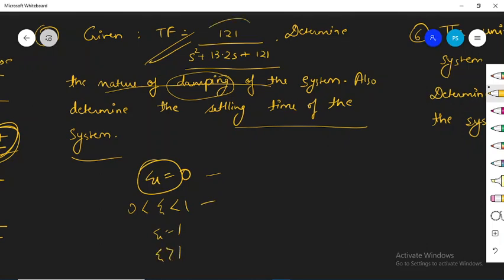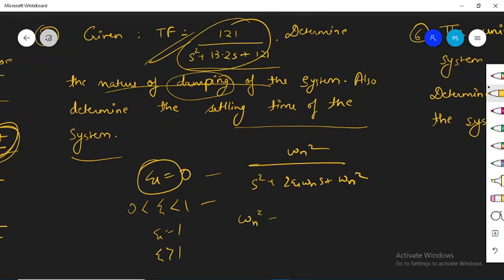So this transfer function is given. You can again just compare it with the standard second order system. So the standard second order system is given like this. You can compare omega n square is actually equal to 121. Hence omega n is going to be under root of 121, that's going to be equal to 11.